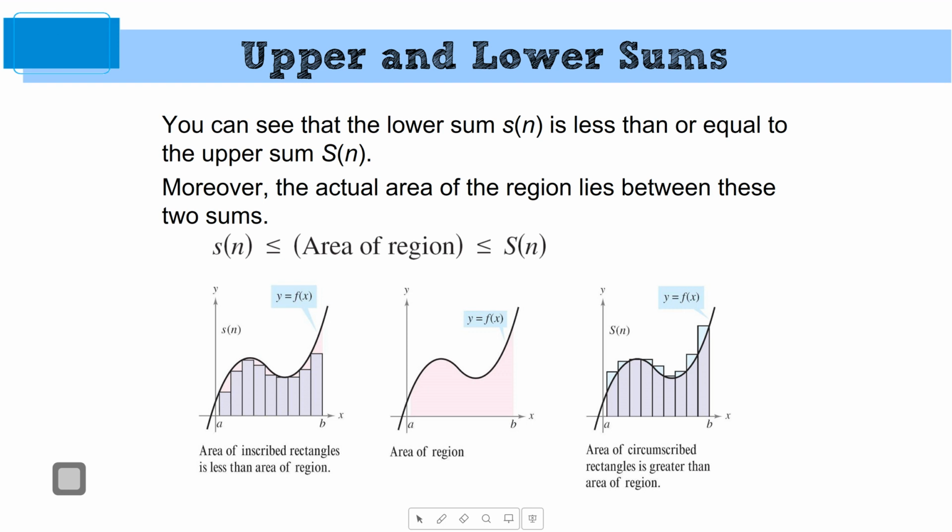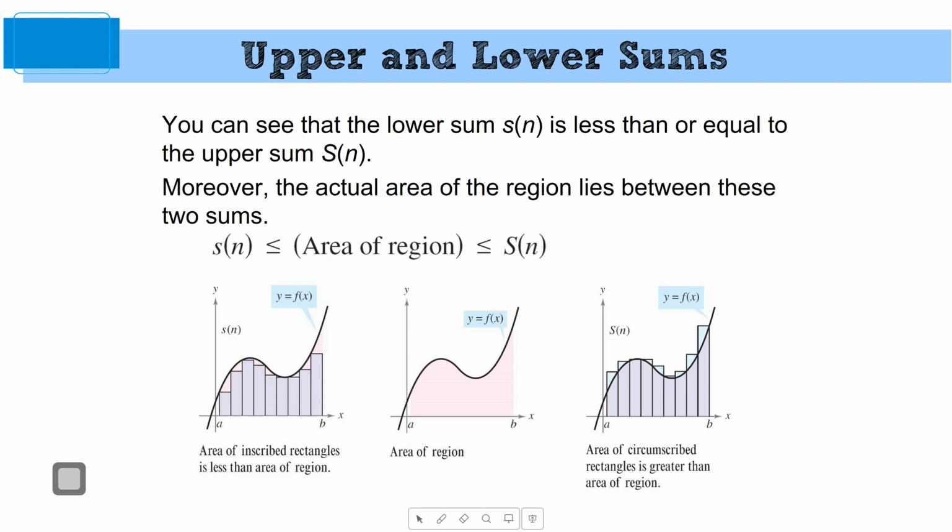Upper and lower sums. A lot of fancy calculus speak on this page, but we've already talked about this, and we just finished this conversation. Notice I've got lowercase s of n and uppercase S of n. Lowercase s of n is the underestimate. Uppercase S of n is the upper estimate.